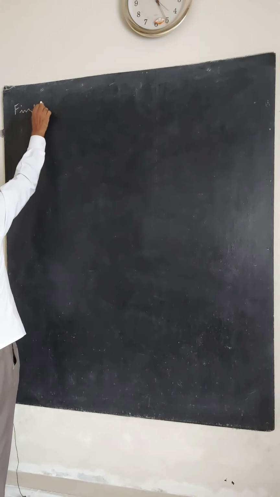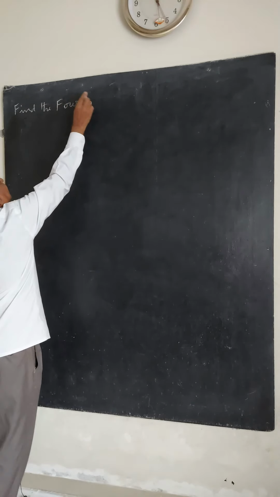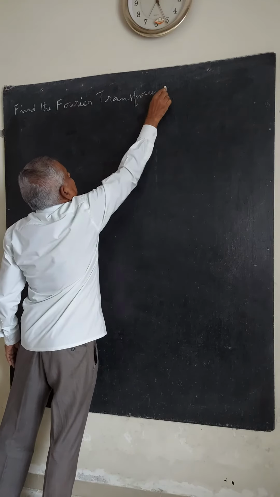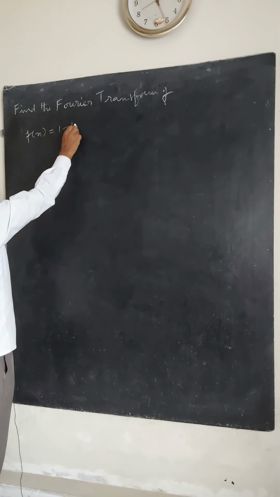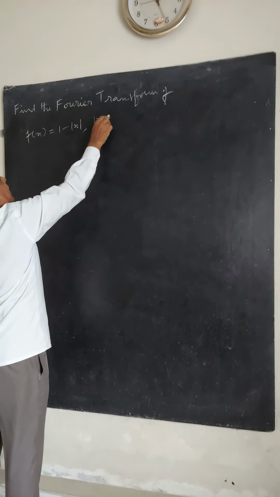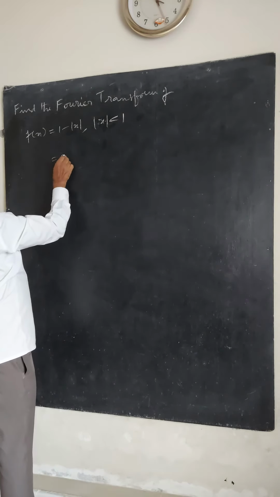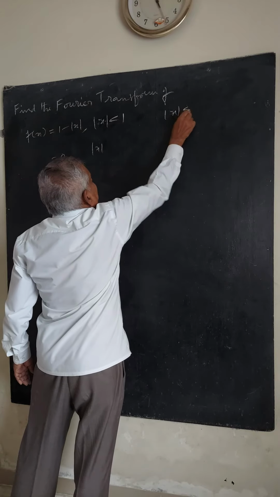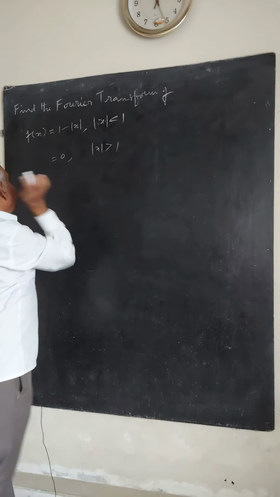Find the Fourier transform of f of x equal to 1 minus modulus of x, for modulus of x less than or equal to 1, and 0 for modulus of x greater than 1.